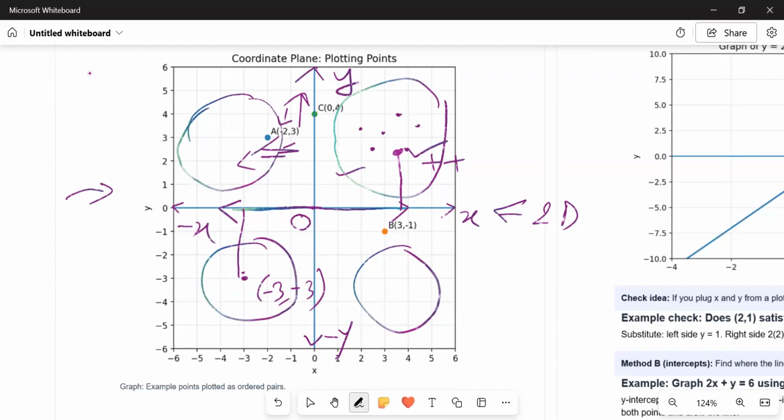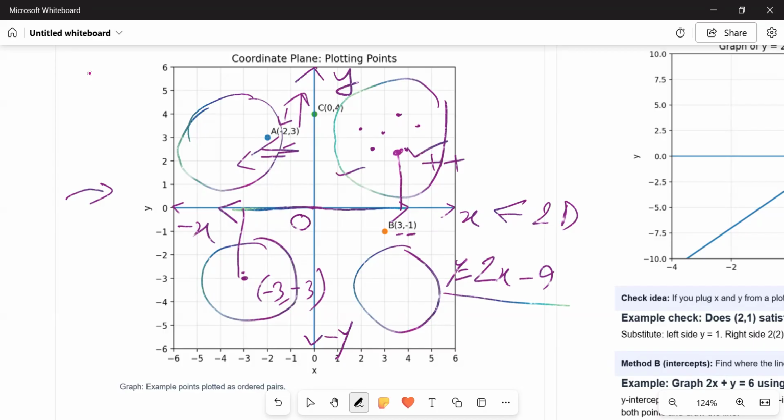In the fourth quadrant, I see the value of x is positive but the value of y is negative. You have to remember this, because if you remember this, whenever you look into an equation, suppose you see y is equal to 2x minus 9, instantly you will be able to figure out which quadrant this straight line is going to intersect, or which quadrant you will be able to plot this straight line.